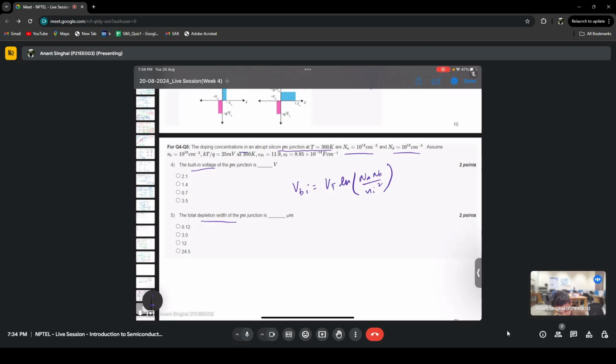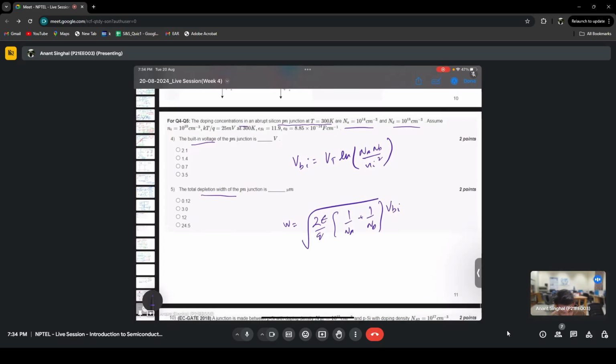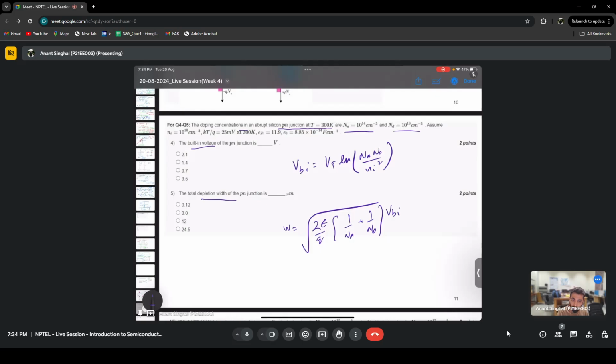The total depletion width we can discuss later, but it is given by the square root of (1/Na + 1/Nd) times Vbi. You will be able to solve this. These are all numerical problems, so I'm not solving it. I hope the concept is clear at least. Is it fine? Should I skip it?